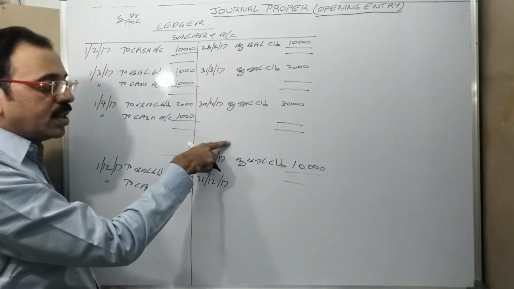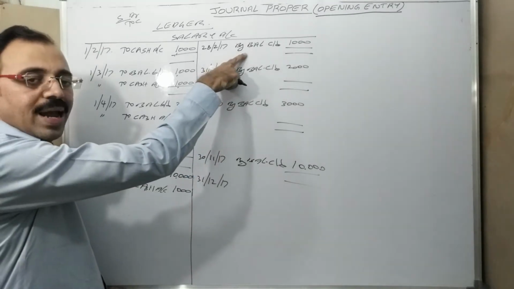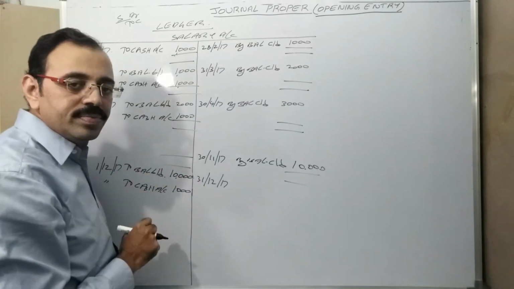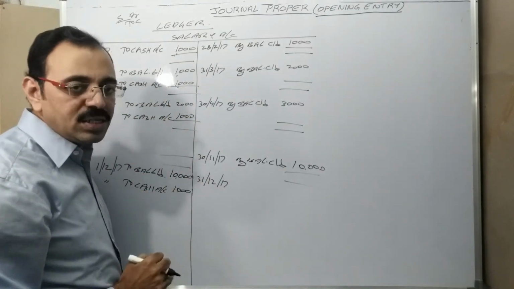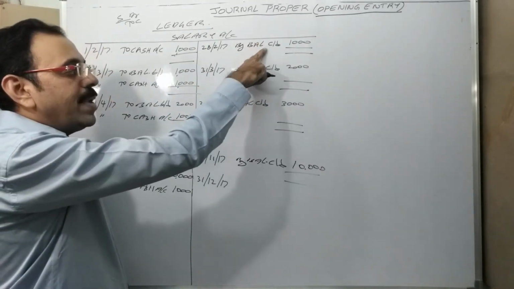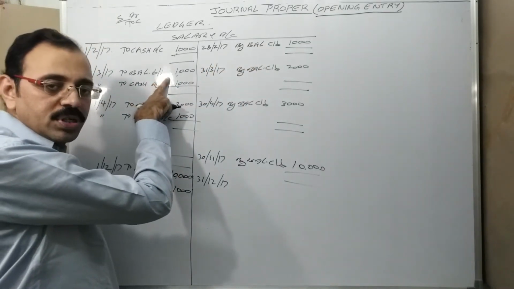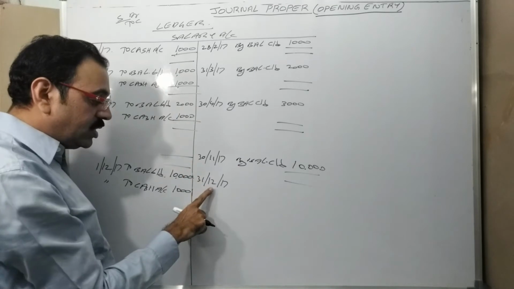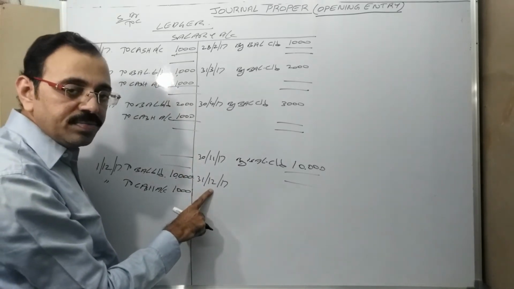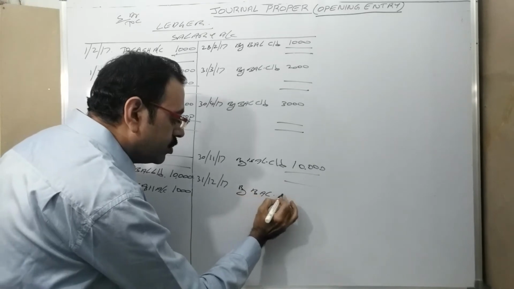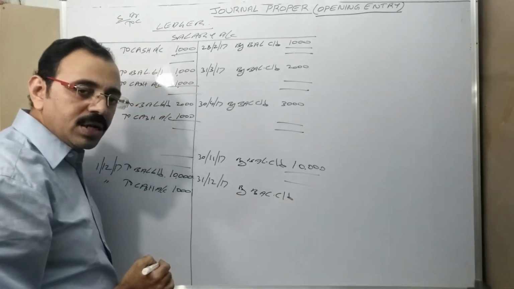Observe here, every month at the end we are not closing this account because the year is still running. So we write balance carried down, and for next month we take that amount. But this is the year's last date. If we write balance carried down, then what happens?